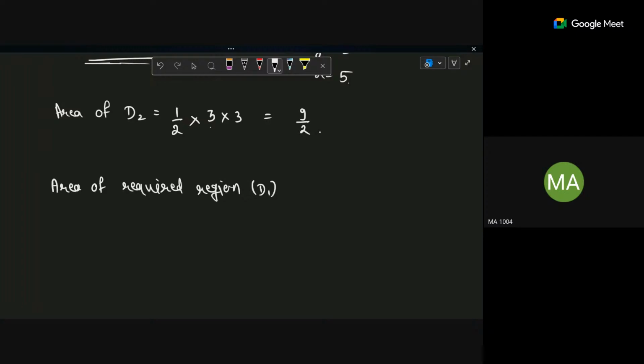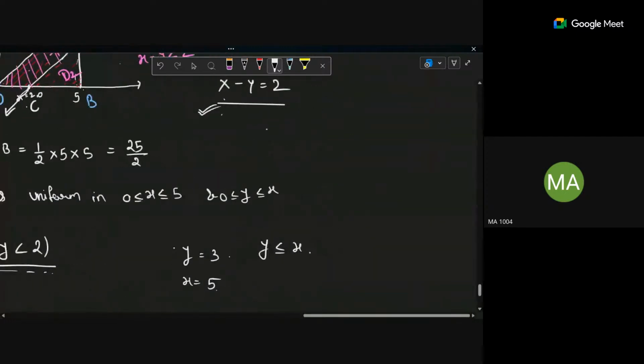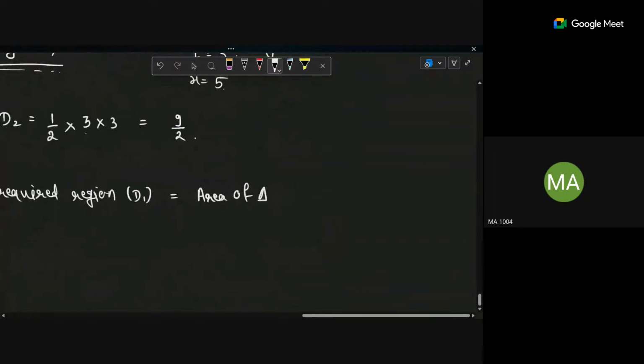That is what? How will you get it? The area of triangle OAB minus area of D2. Is it fine?